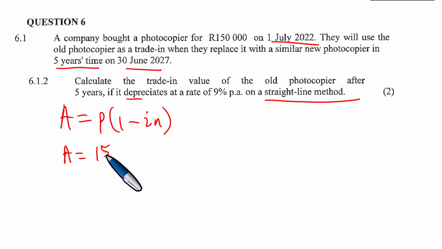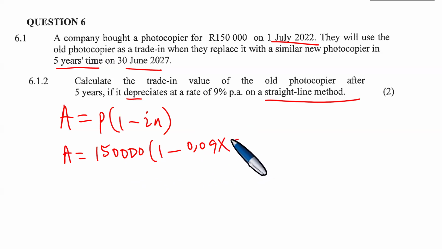Right, because now you say the present value is 150,000. 1 minus the 9% divided by 100 is going to be 0.09. You multiply by 5 years according to the straight line depreciation method.